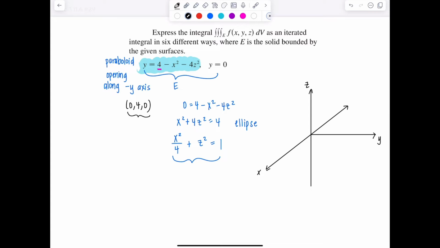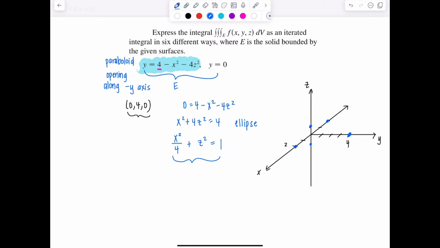Well, the vertex of the paraboloid, (0, 4, 0), so 1, 2, 3, 4, that'll be there. We also know that the paraboloid's base is that ellipse in the xz plane. Since underneath x squared we have a 4, the vertices of the ellipse are at (2, 0, 0) and (-2, 0, 0). I'm also going to go up and down 1 unit in the z direction.